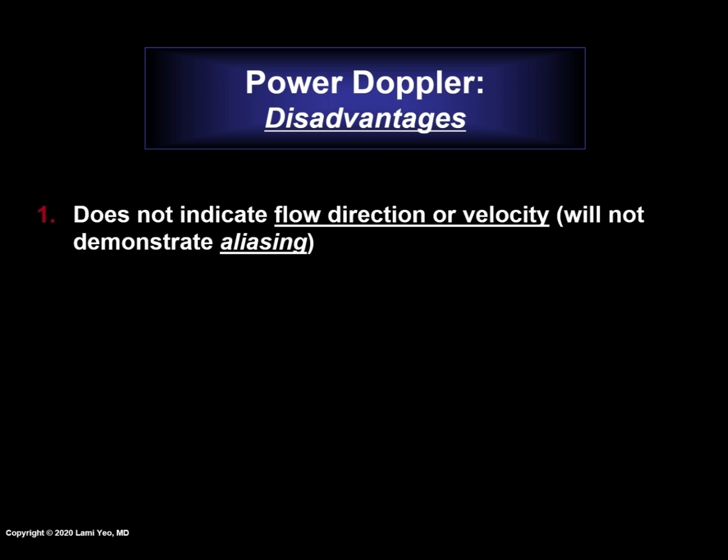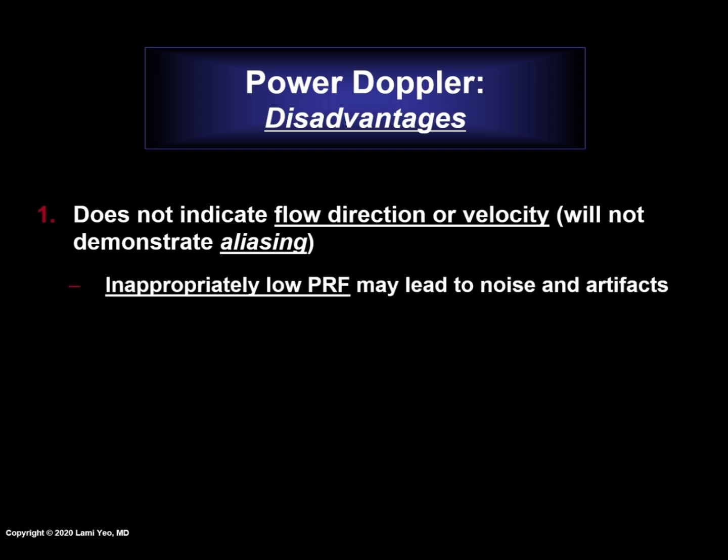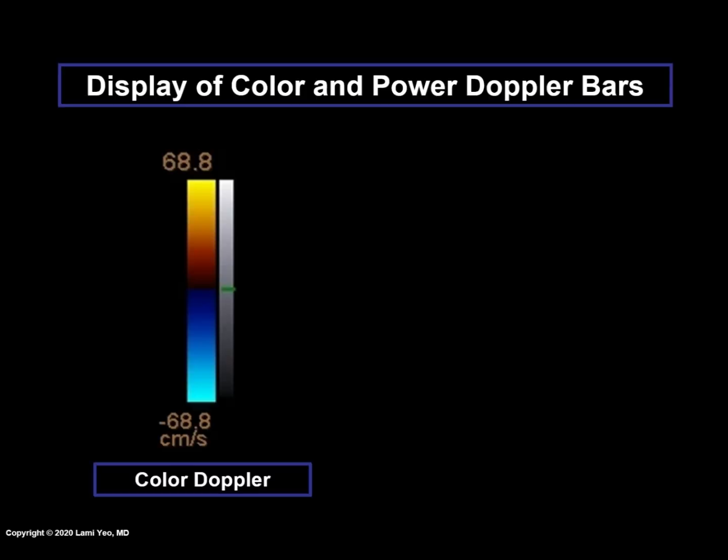Power Doppler does not indicate flow direction or velocity in contrast to color Doppler, and therefore will not demonstrate aliasing. But even though there is no aliasing phenomenon, an inappropriately low PRF may still lead to noise and artifacts. This is evident when comparing the color and power Doppler bars.